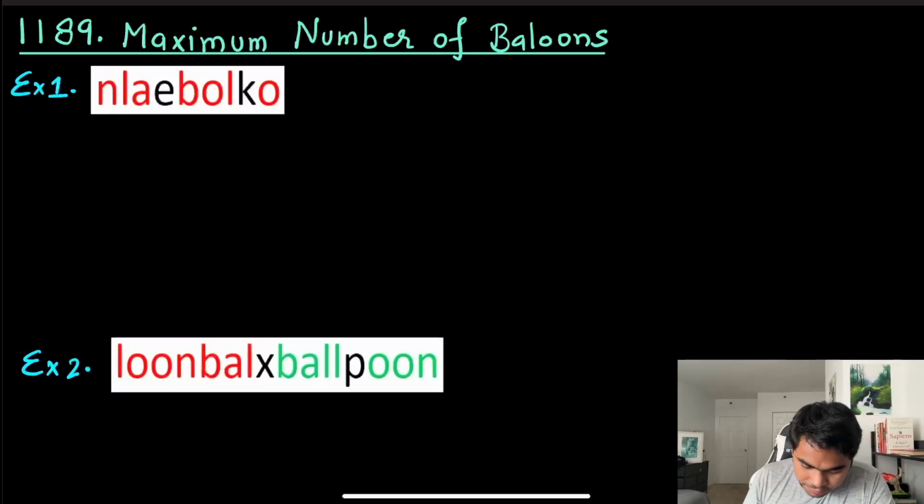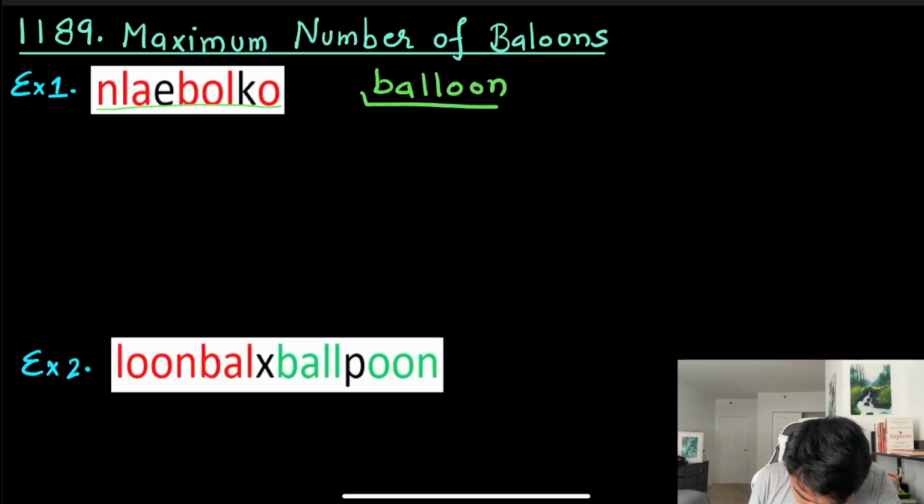It's very clear though. What they're saying is, this is the text that's given to us. Now how many instances of balloon can we make? What does that mean? Balloon, B-A-L-L-O-O-N.